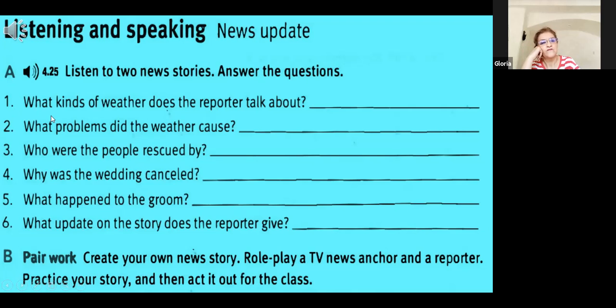Number one, for example, what kinds of weather does the reporter talk about? You have to answer. What problems did the weather cause? Who were the people rescued by, etc.